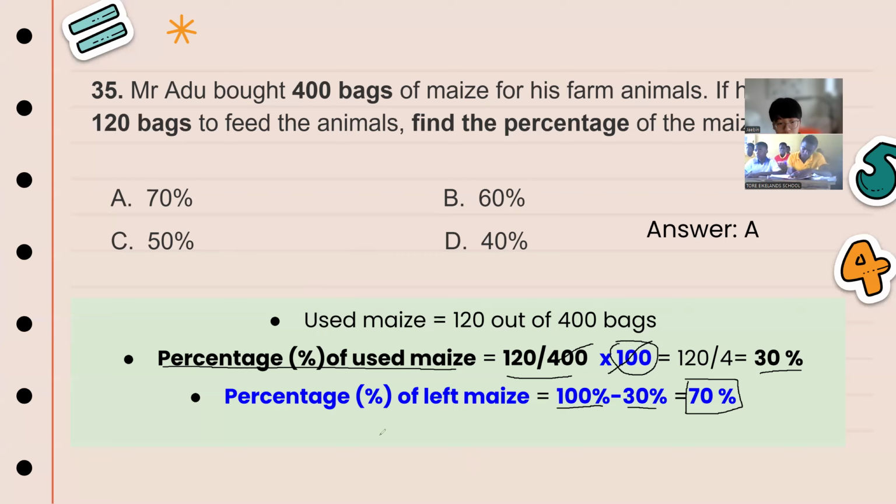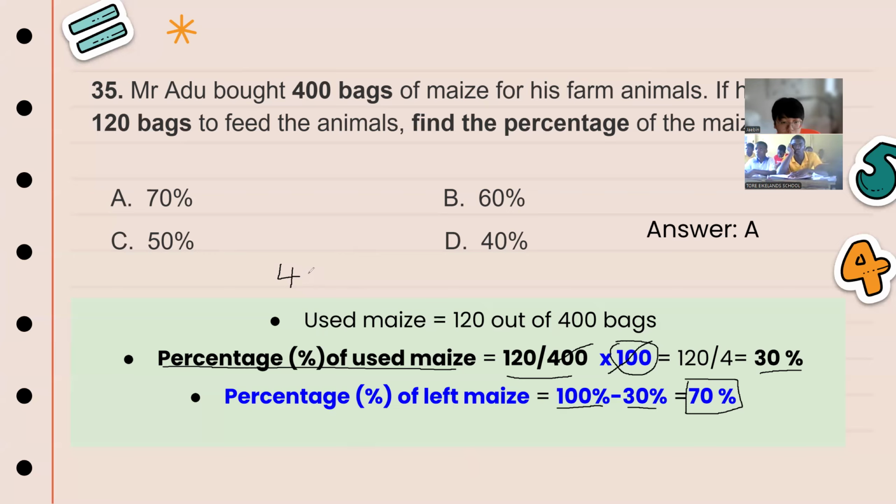So this is just one way of finding the percentage of the left maize. Another way of finding the percentage is to do what I did before, which is find the left amount of maize.